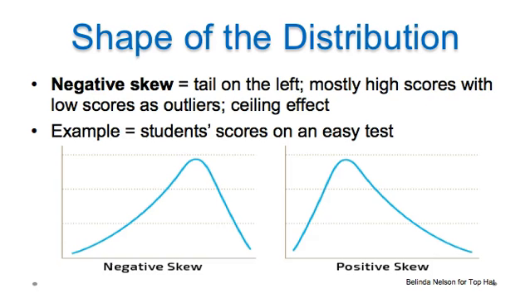Retirement age, where most individuals retire at an older age, and there might be some younger folks who retire as well. Another example, human lifespans. Most individuals are older when they die, but there are some people who die when they're younger. And so those are all examples of negative skew or a left skew.